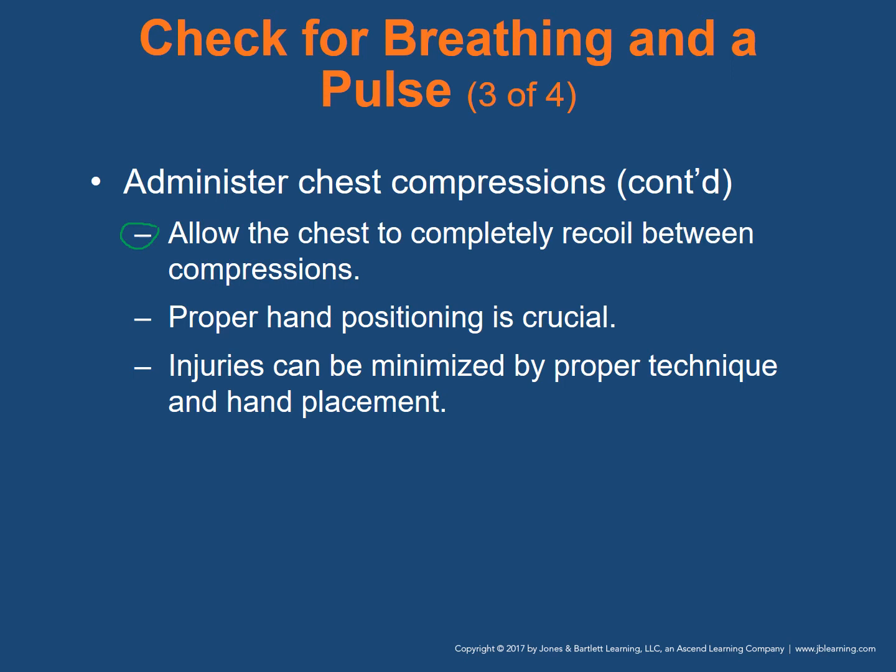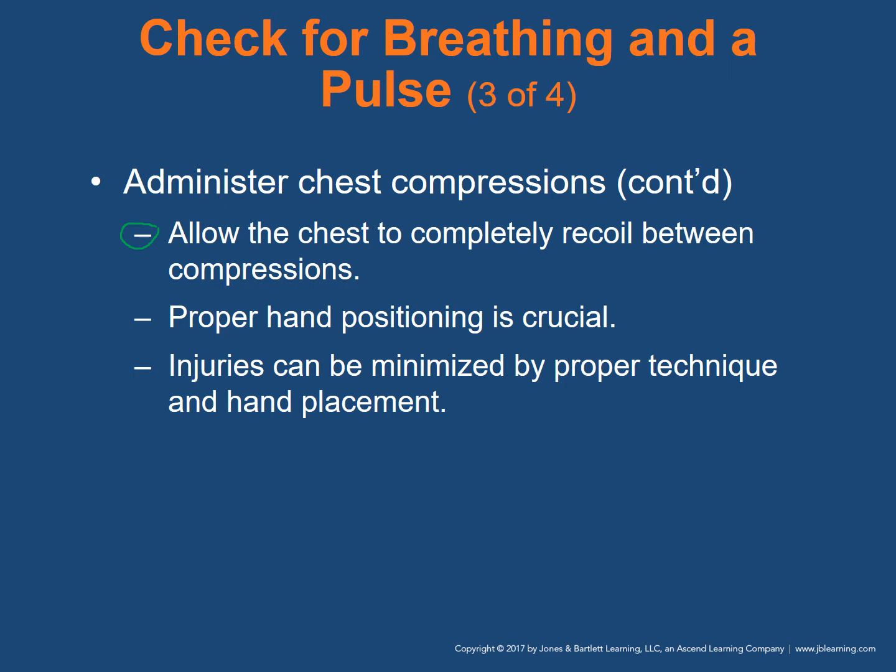Proper hand positioning is crucial. We want to make sure, like we said, on the lower half of the breastbone, or the sternum, that our hands are on the sternum, that we're actually compressing the sternum itself, because if our hand placement is too low, below the sternum, the lower third of the sternum is called the xiphoid process, a little cartilaginous tip of the sternum, the book will call it.